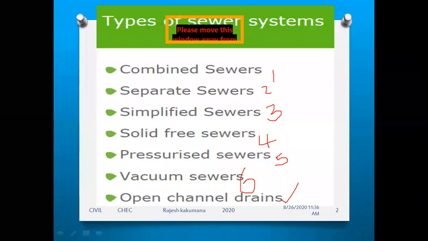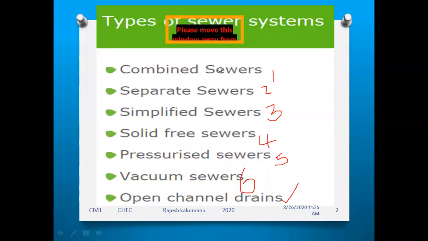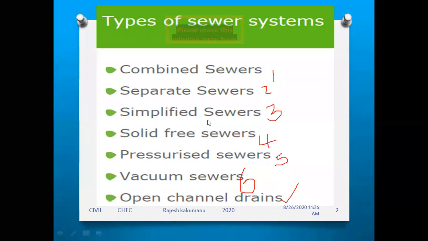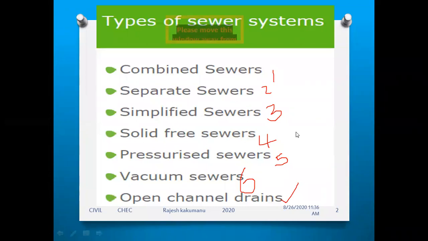In the types of sewer systems, generally there are two types: one is the combined sewer system, the other is the separate sewer system. But there are a few other types: simplified sewer systems, solids-free sewer systems, pressurized sewer systems, vacuum sewer systems, and open drain sewer systems.